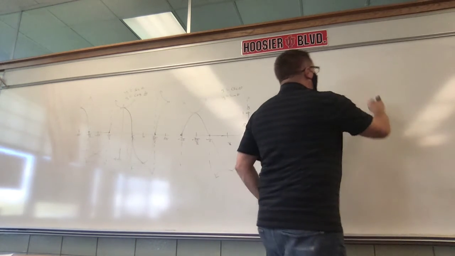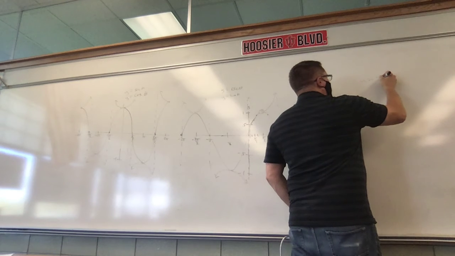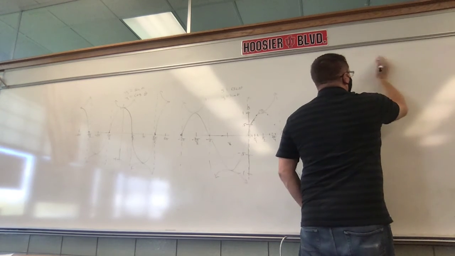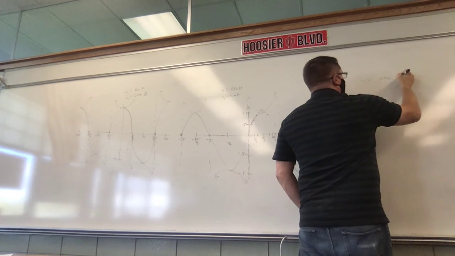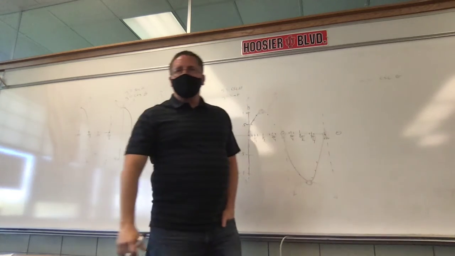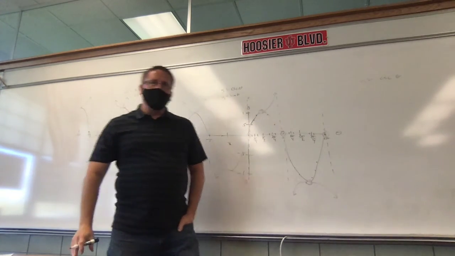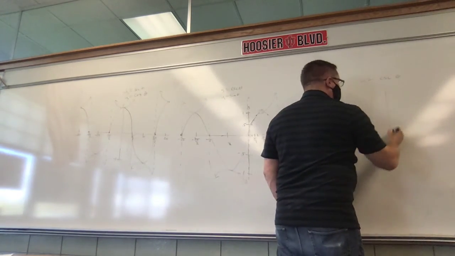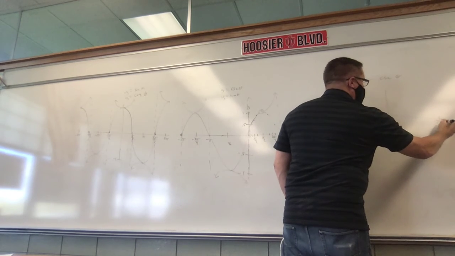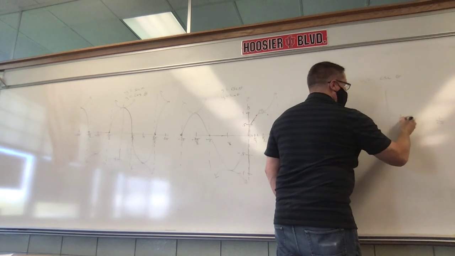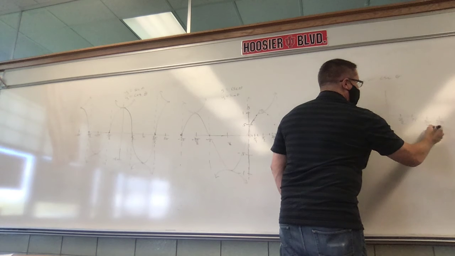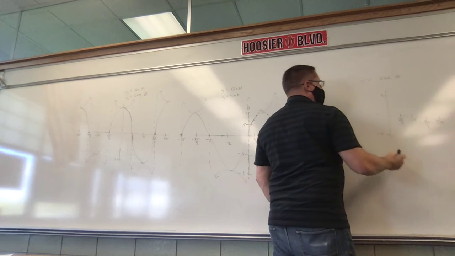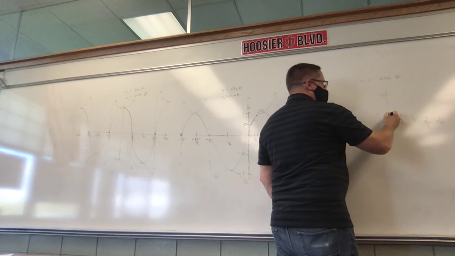If I ask you on a test, y equals cosecant of theta, how are you going to graph a cosecant graph? You make a sine graph first. How I want you to make a sine graph is you're going to go 2 pi, pi, pi over 2, 3 pi over 2, 1, and negative 1. The sine graph starts in the middle.